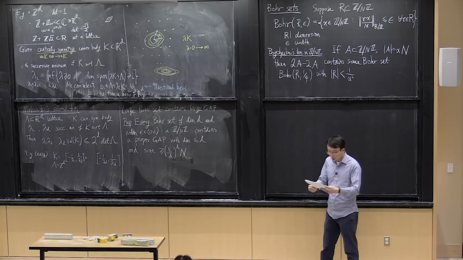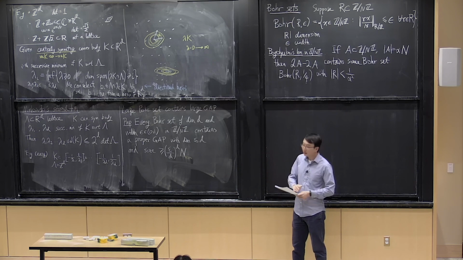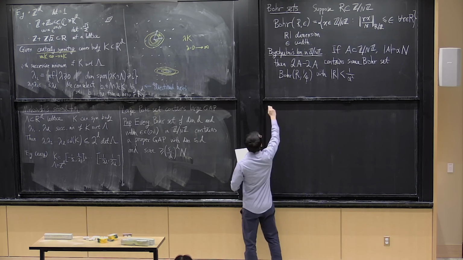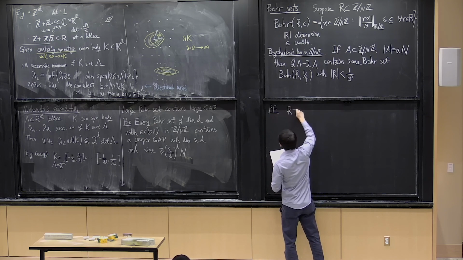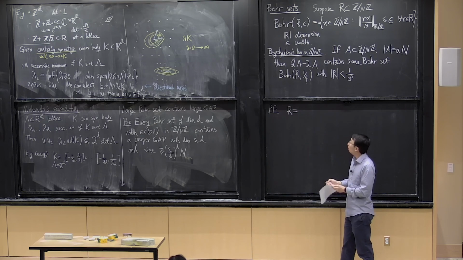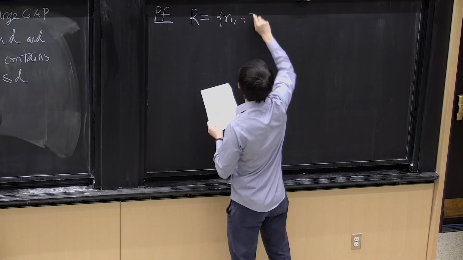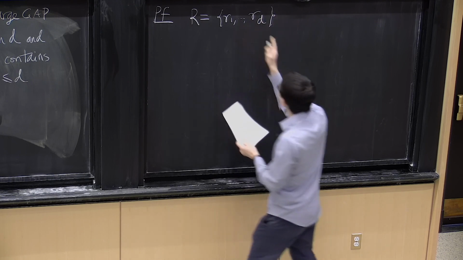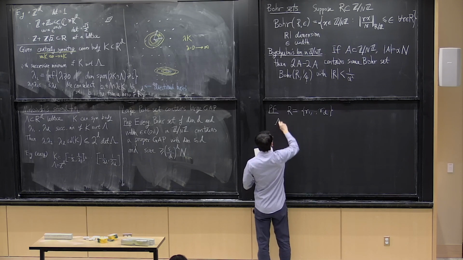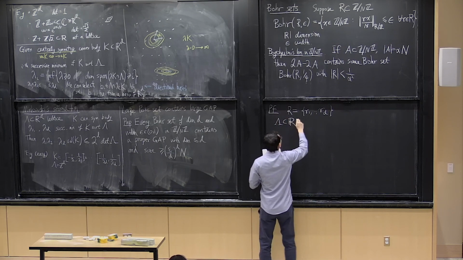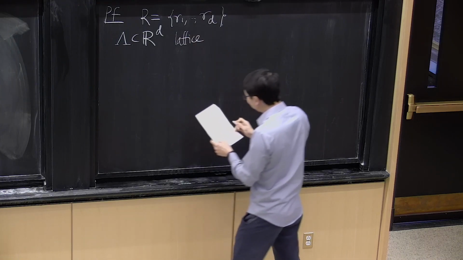Okay, so to find this GAP, we will set up a lattice and apply Minkowski's second theorem. Suppose the Bohr set is given by R, where the individual elements I'm going to denote by little r_1 through little r_d. And let uppercase lambda be a lattice explicitly given as follows.